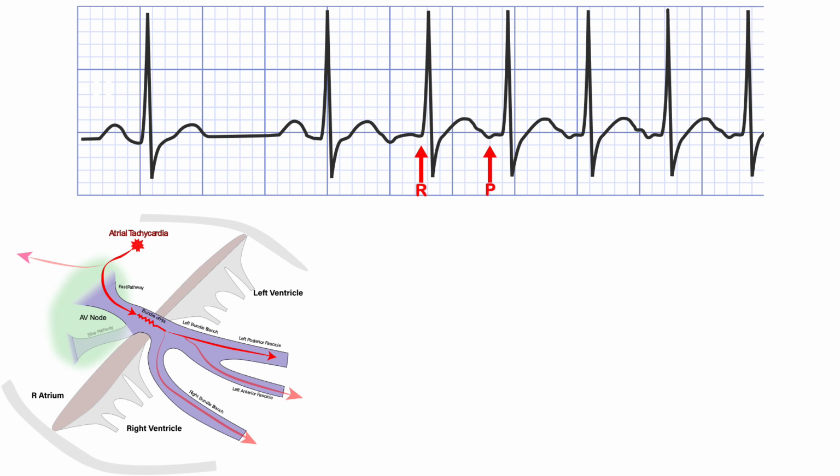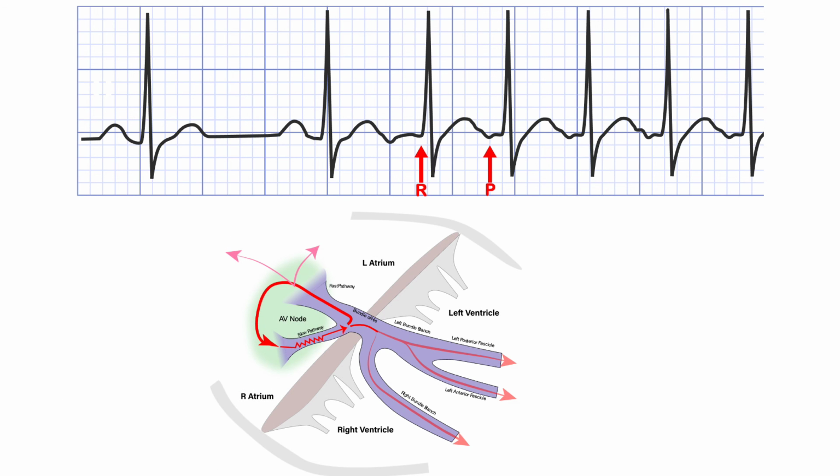Atrial tachycardia is still a possibility here and cannot be ruled out. In the case of AVNRT, this cannot be a typical AVNRT because there's such a long delay between the ventricular activation and atrial activation. So this has to be an atypical AVNRT, but it's always a possibility.